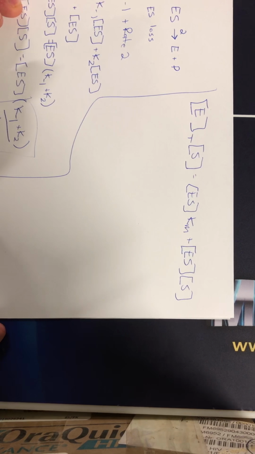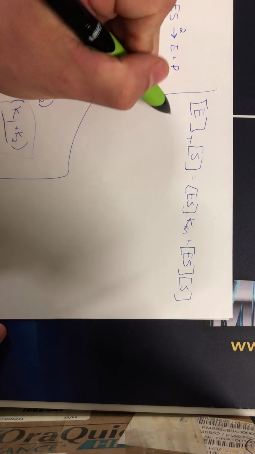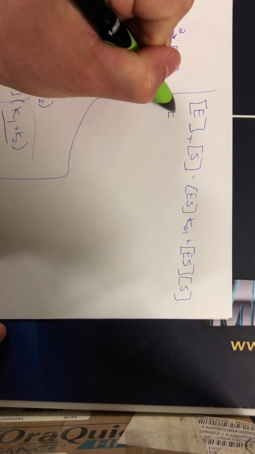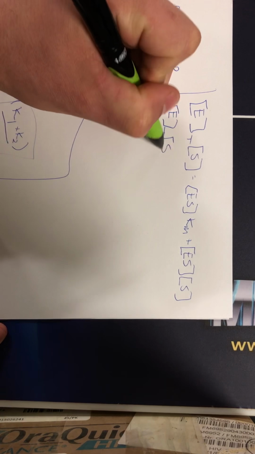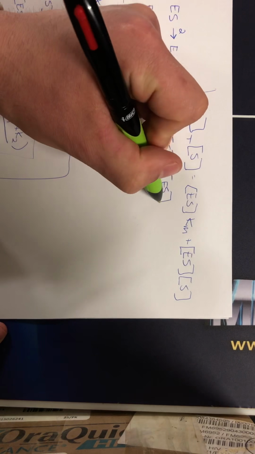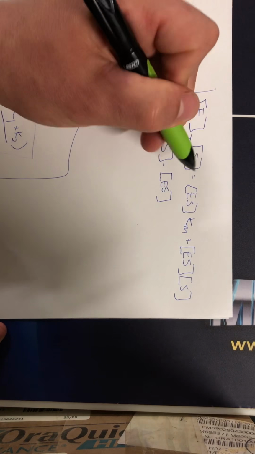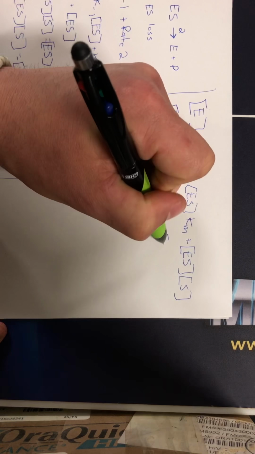Now we can factor out the ES on the right, make it a little bit cleaner. So enzyme total substrate equals enzyme substrate times Km plus the substrate.